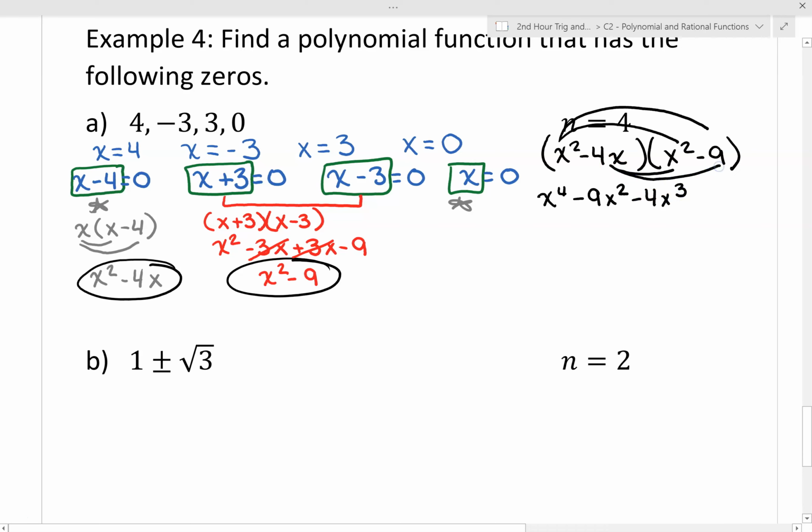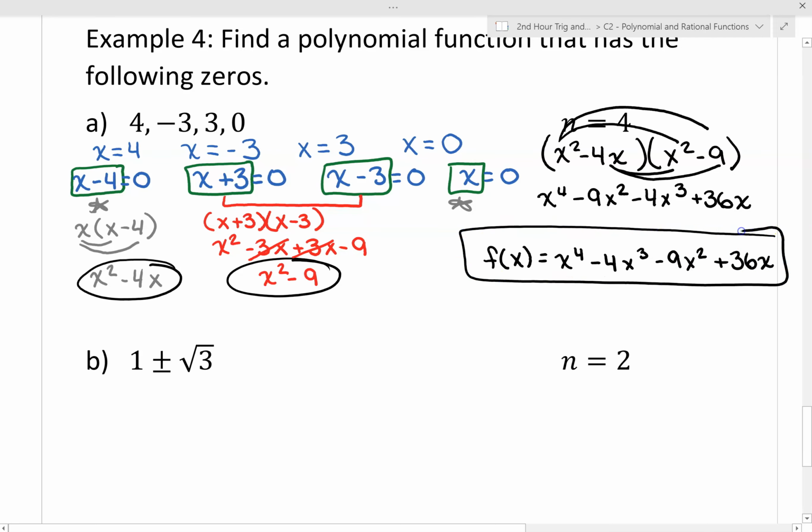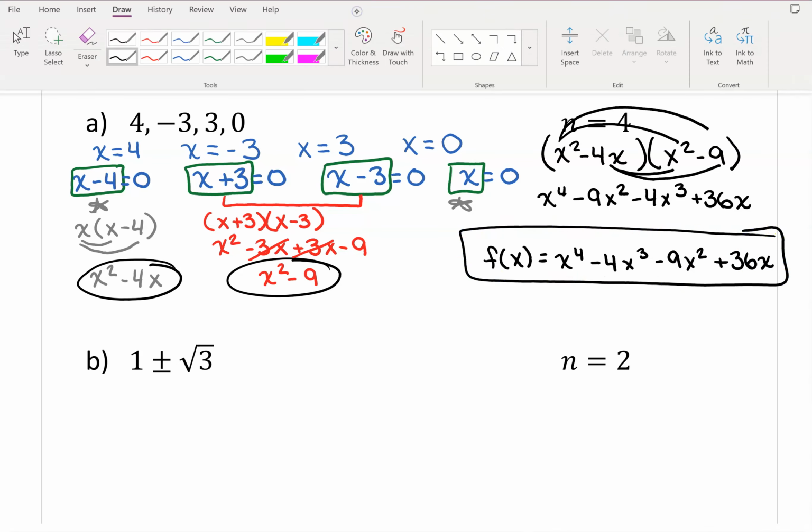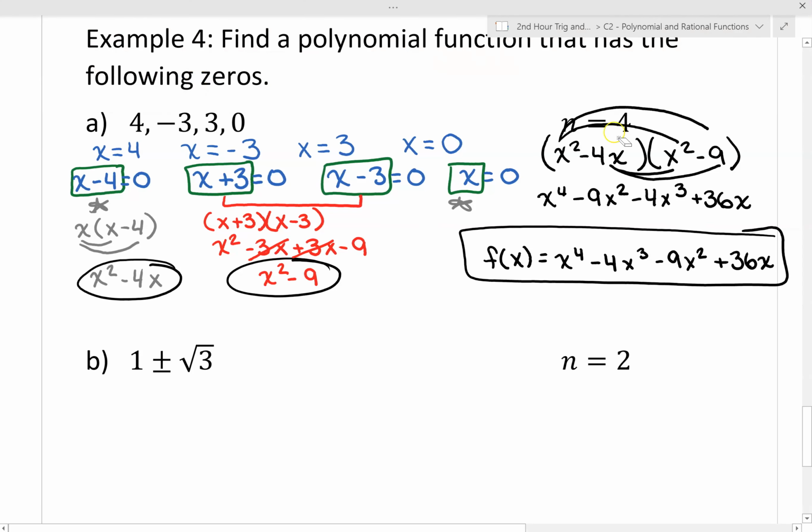And negative 4x times a negative 9 is a positive 36x. So right now we would combine like terms, but we actually don't have any. So I'm just going to put it in descending order. So x to the 4th minus 4x cubed minus 9x squared, and then plus 36x. There we go. Okay. And notice it's x tells us that there's 4 zeros. Well, that also matches our degree of our polynomial right there, so we did good.